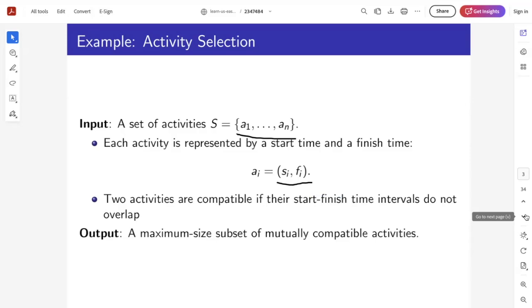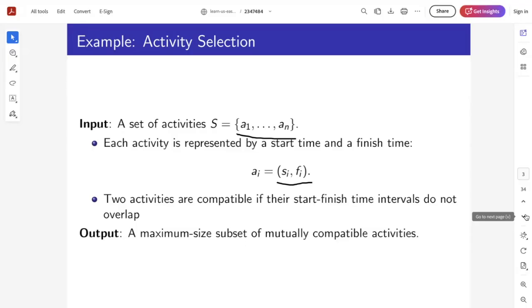And let's say these activities will take place in the same room, a classroom, for instance. Then we want to make sure that two activities don't overlap, so that at each time in that room there is only one activity.